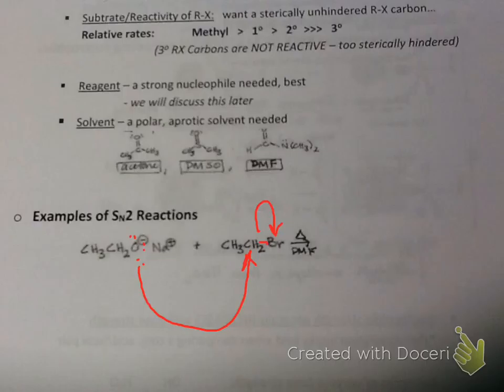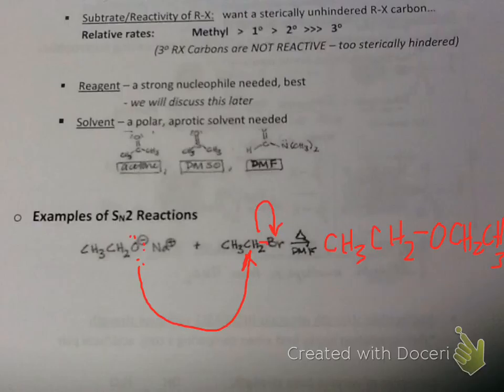Now in the product, for the alkyl halide, we've got CH3, CH2, still as our hydrocarbon chain, but instead of bromine, now we have the oxygen, which has been bonded, and it also has a CH2, CH3 bonded. So we've made this compound, also known as diethyl ether.